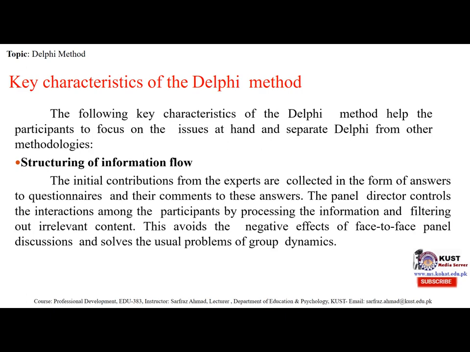If we talk about its working, the Delphi method is a process used to arrive at a group opinion or decision by surveying a panel of experts. Experts respond to several rounds of questionnaires, and the responses are aggregated and shared with the group after each round.